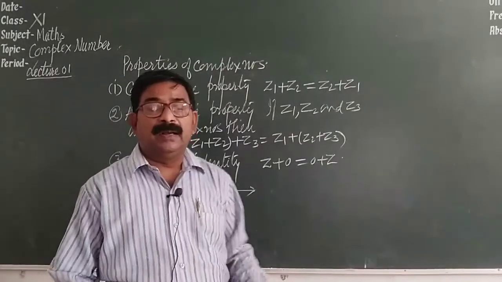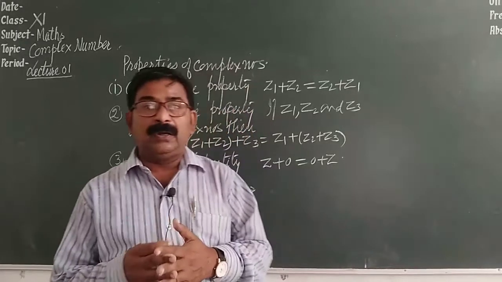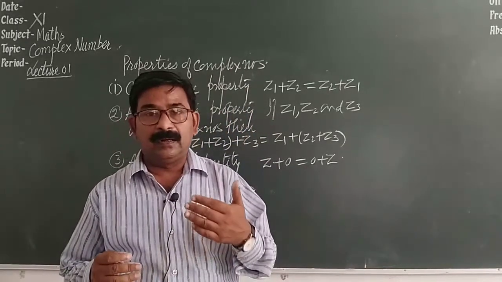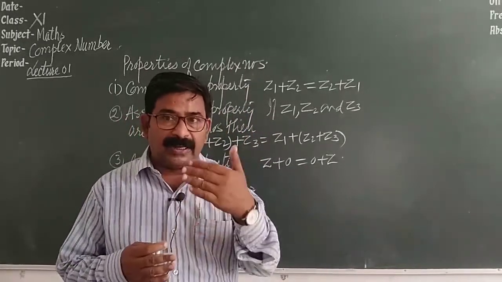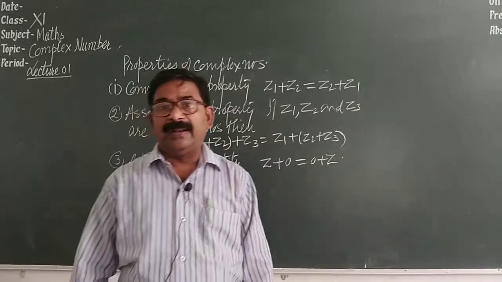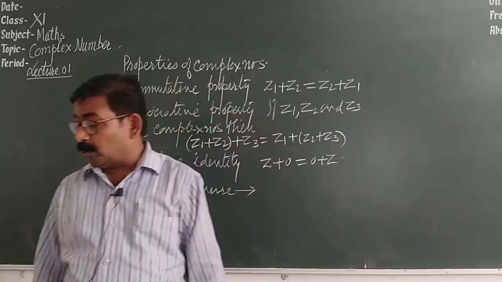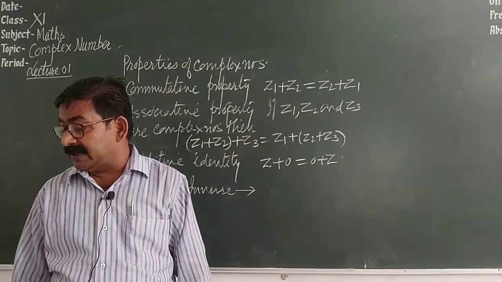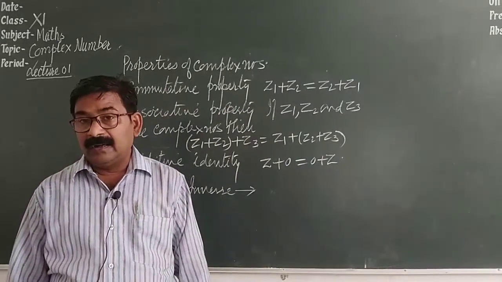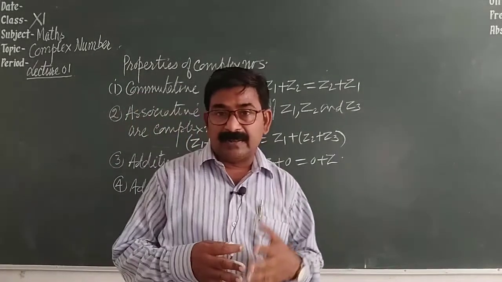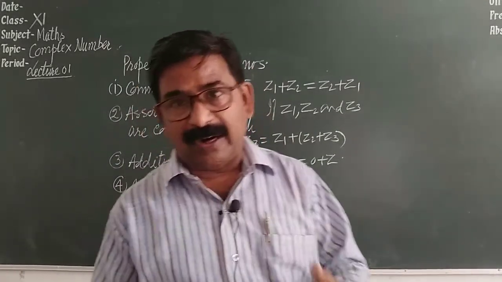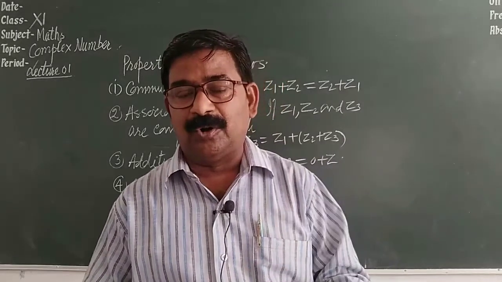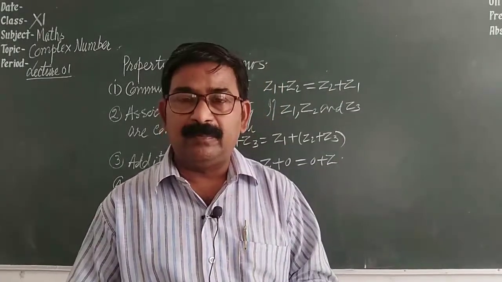Means a complex number which is added to a given complex number and the result becomes 0 is the additive inverse. Suppose a number is -5, what you add to that number, it becomes 0? So simply -5 plus 5.